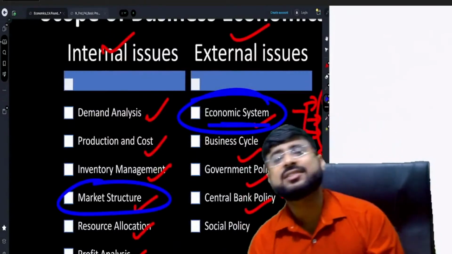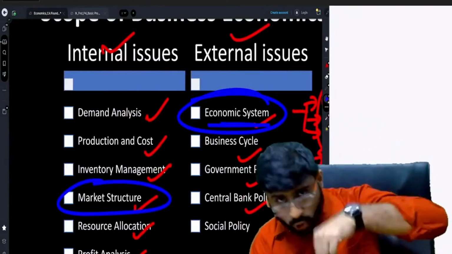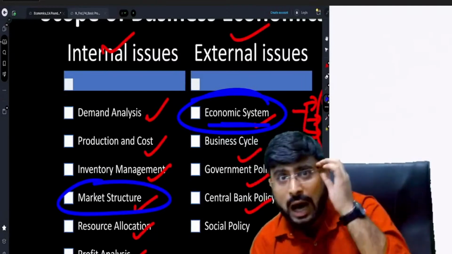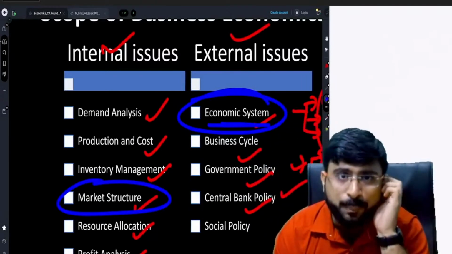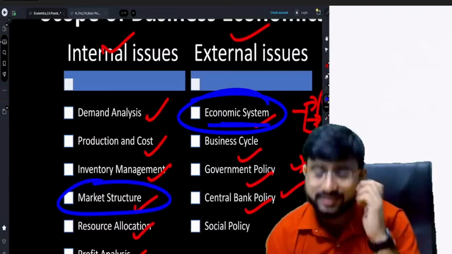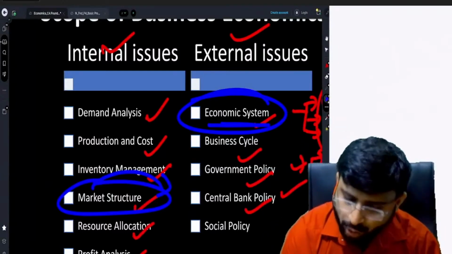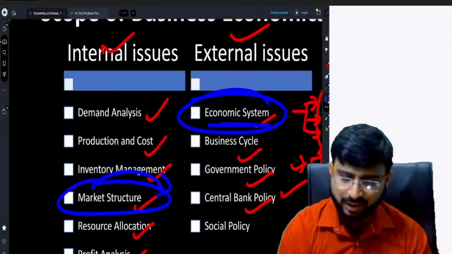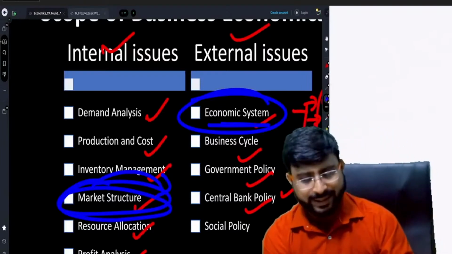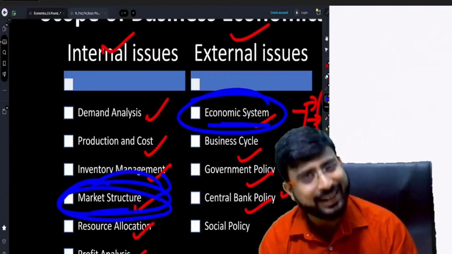See, market structure means you as a business organization are a part of which market? Competition, monopoly, etc. Accordingly, you will take your decision. That's why it is an individual concept and hence market structure is in internal issues.